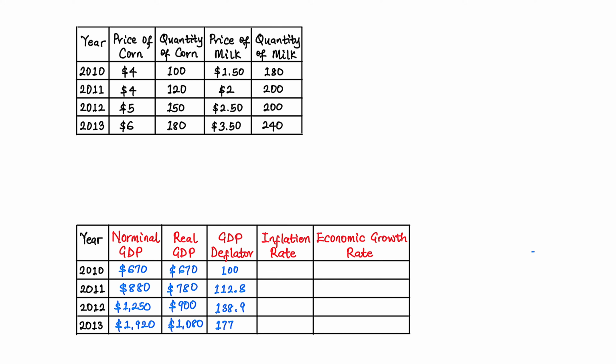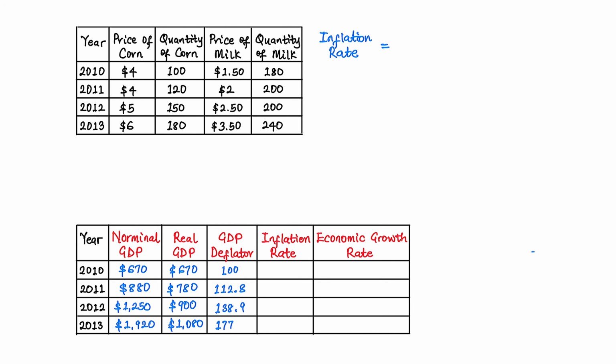The next column is the inflation rate. There are a number of ways inflation can be calculated given the information that you may have, but based on the information that we have in this particular question, the inflation rate will be calculated using the GDP deflator. So, how do we calculate the inflation rate?